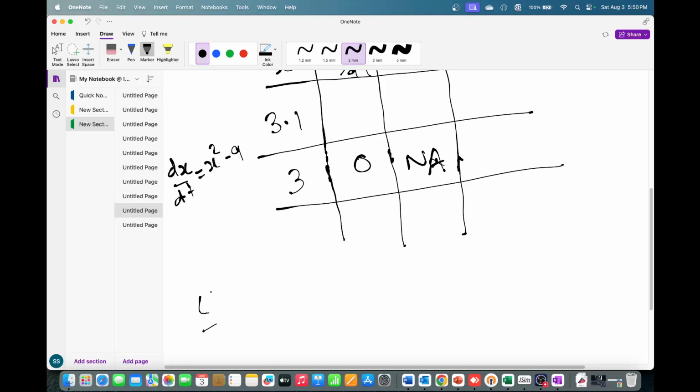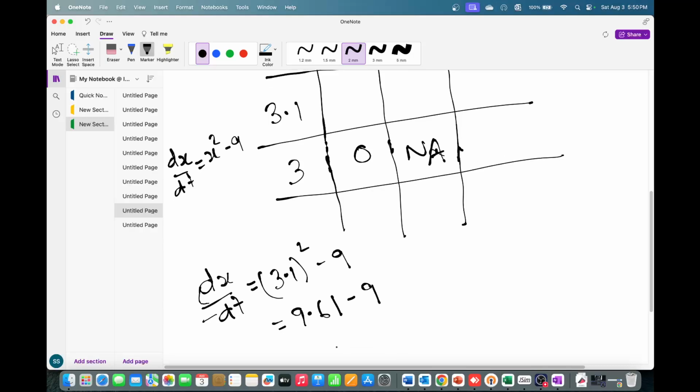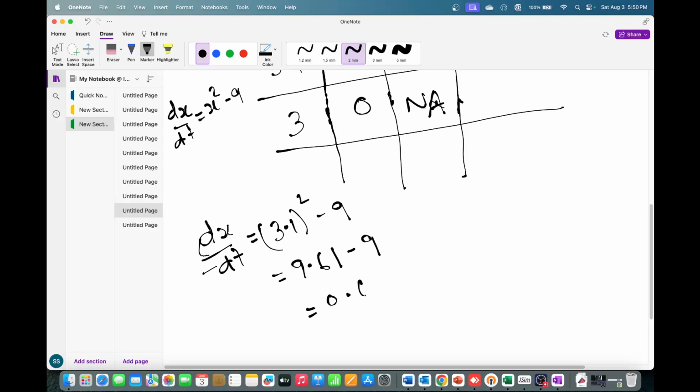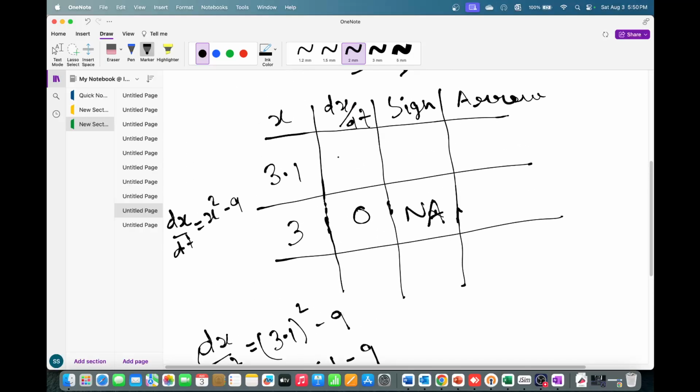So if you put 3.1 here, dx/dt equals 3.1 squared minus 9, so 9.61 minus 9 is 0.61, which is a positive slope. 0.61 is positive, arrow moving upwards.